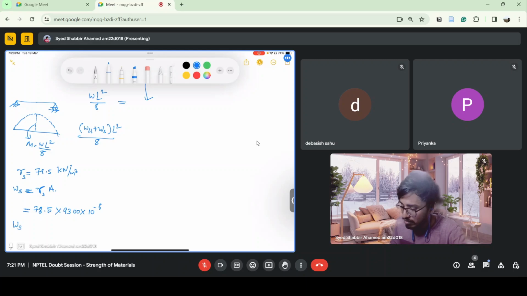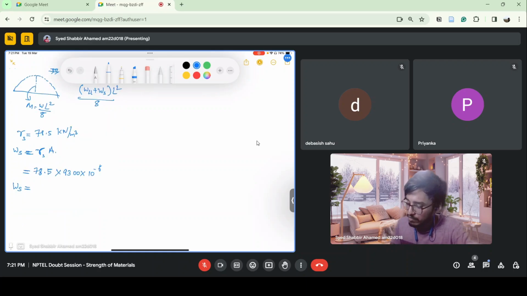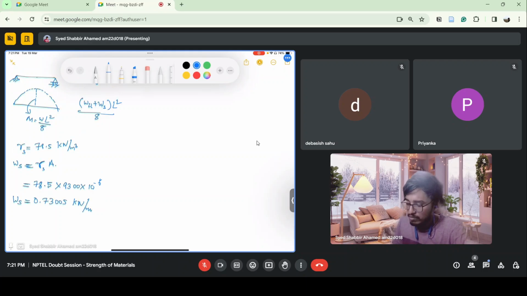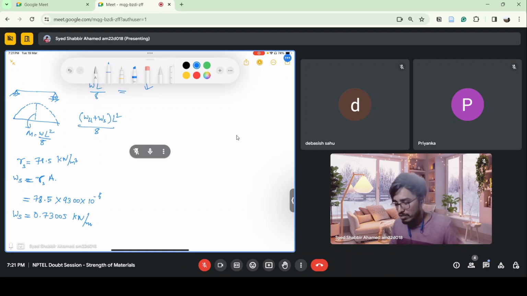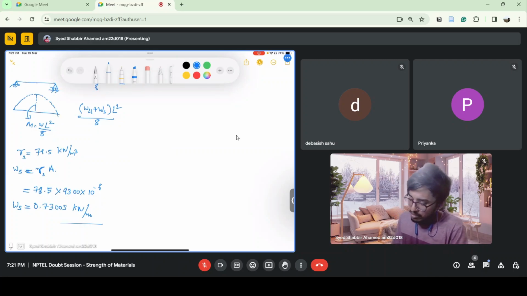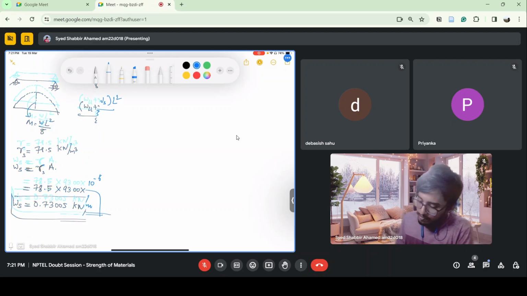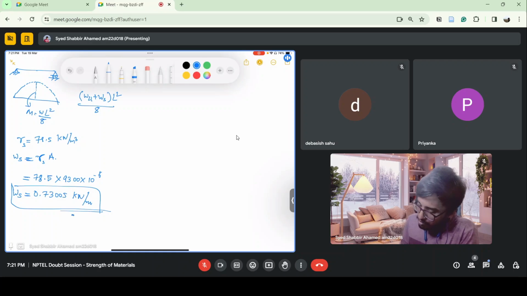Ultimately I'll get the self weight as 78.5 into 9300 into 10 to the power of minus 6, which is equal to 0.73005 kilonewton per meter. Also, you can say this is in Newton per mm. So whatever, we can say this either way.